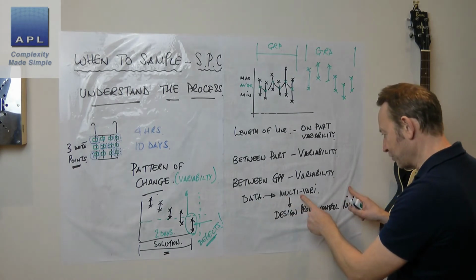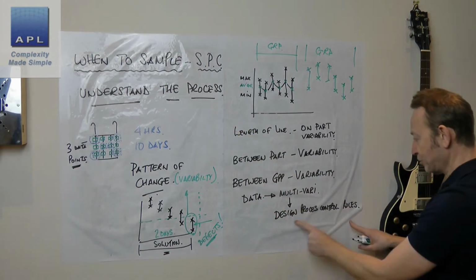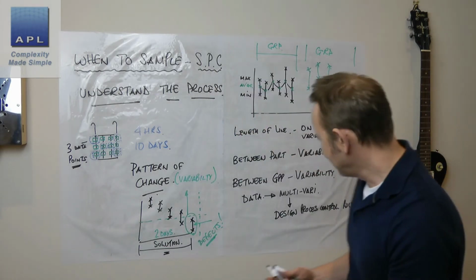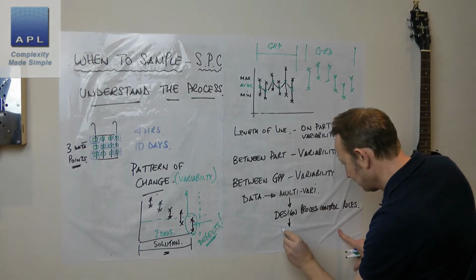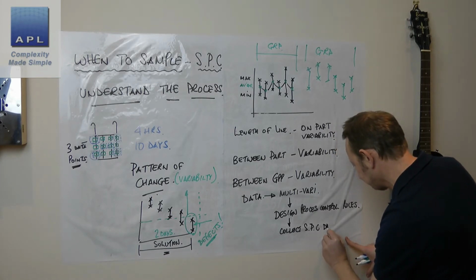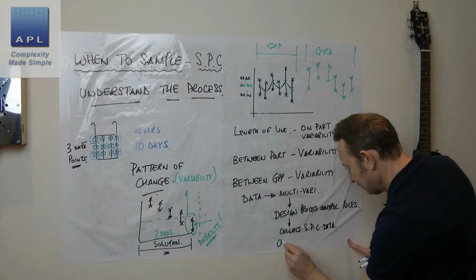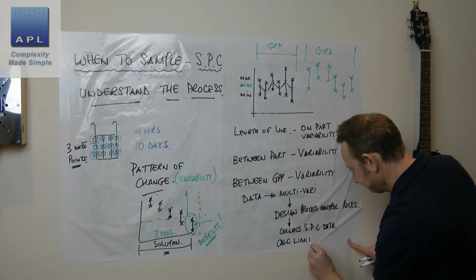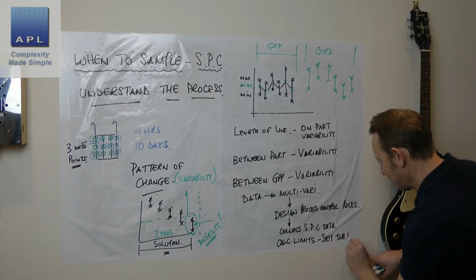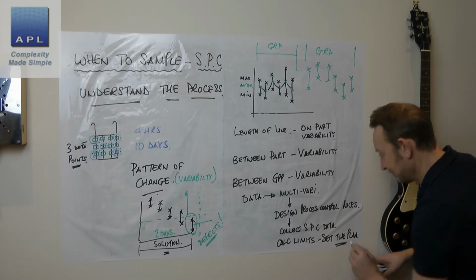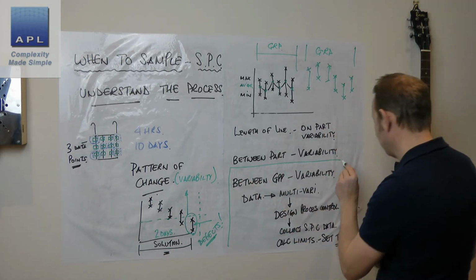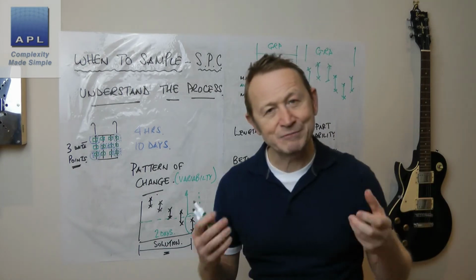You collect the data, do the multivariate chart, understand the process, design the process control rules, implement the process control rules, then collect SPC data, calculate the limits, and set the sampling plan. Now that for me is pretty much what you would do in most situations.